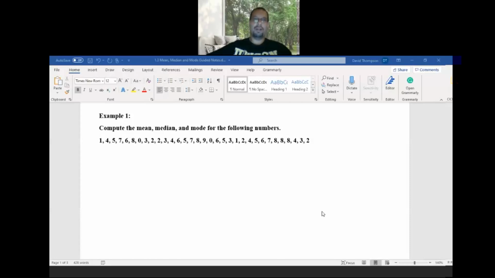Example 1. Compute the mean, median, and mode for the following set of data. Let's first calculate the mean. What we're going to do is add all these numbers together.